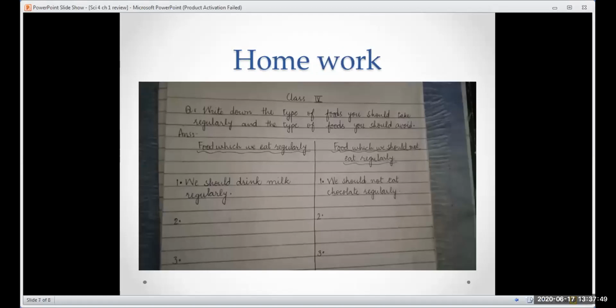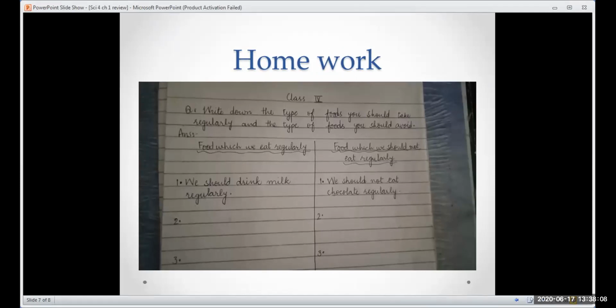So here is your homework. This is a question you are going to solve. Think about it. You have to do it in your copies. I will ask each and every student whether he or she is doing it or not.